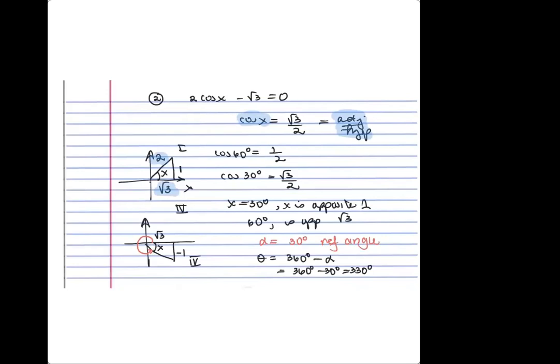And 3 goes into 33 11 times. So we have theta equal to 330 degrees, which is equal to 11 times 30 degrees, which is 11 times pi over 6, or 11 pi over 6. So our two answers are going to be X equal to 30 degrees, which is pi over 6, or 11 pi over 6.